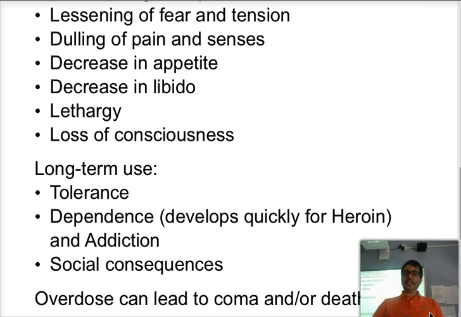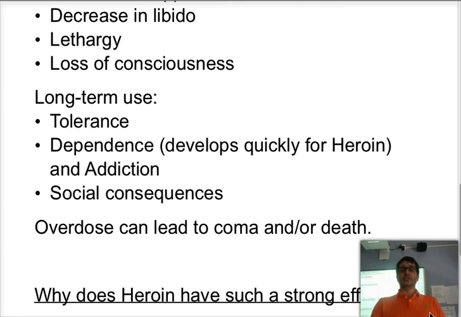You are going to need to get your fix of your drug, and therefore you'll do it by stealing, by prostituting yourself in order to get money for that. This can cause, of course, exposure to diseases like HIV, AIDS, hepatitis C, and obviously, if you overdose, it can lead to coma and death.